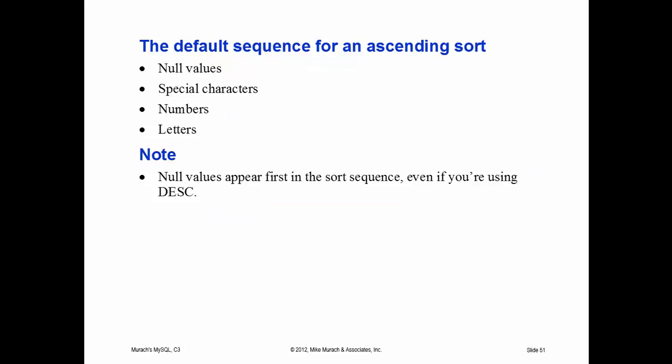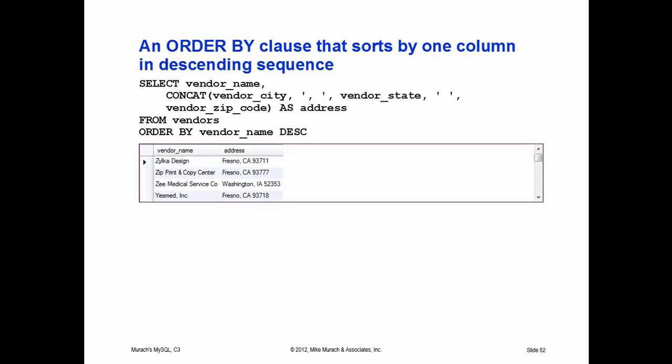Okay. Notice they give the order here. It says the default sequence for an ascending sort. Nulls will appear first, even if you're using descending. Some examples. So here's one where we're saying by vendor name in descending order, and you can see how the Z's are first.